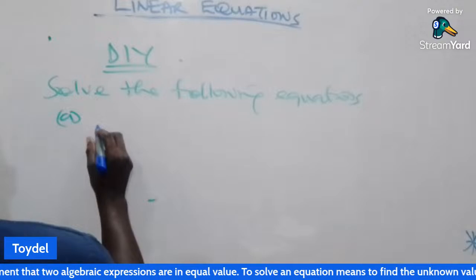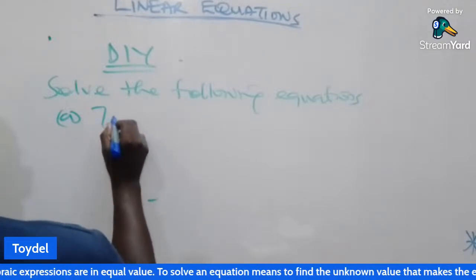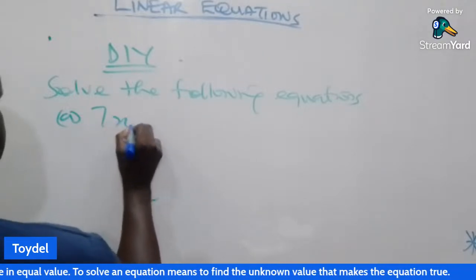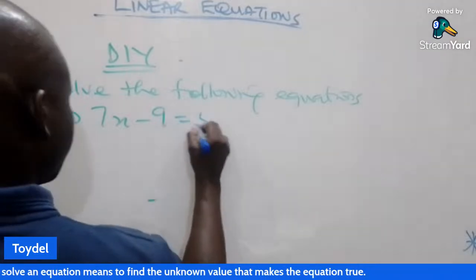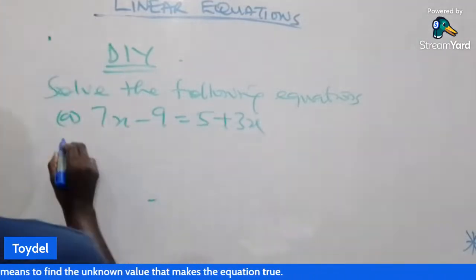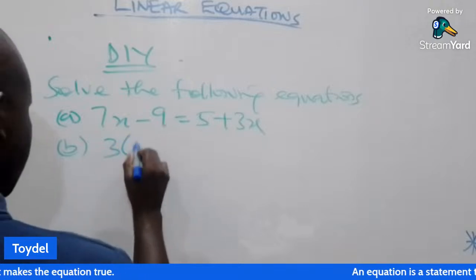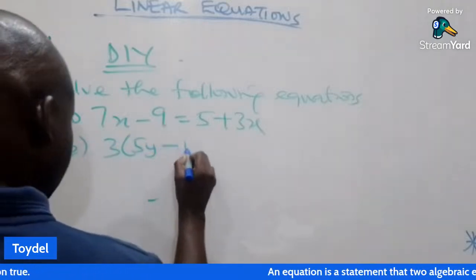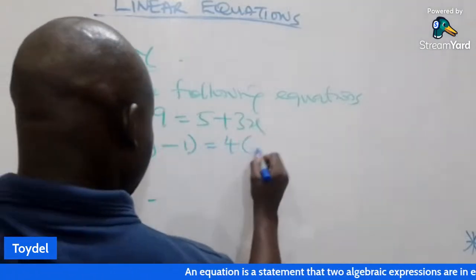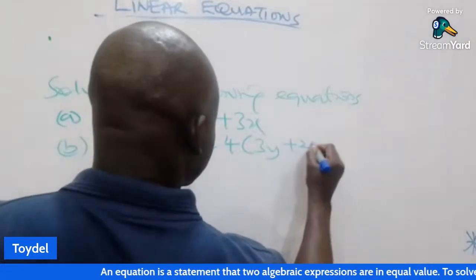The first one, we have 7x minus 9 to be equal to 5 plus 3x. Another one, we have 3 into bracket 5y minus 1 is equal to 4 into bracket 3y plus 2.